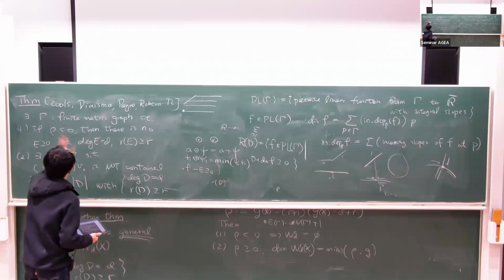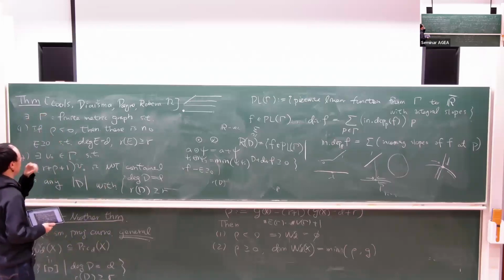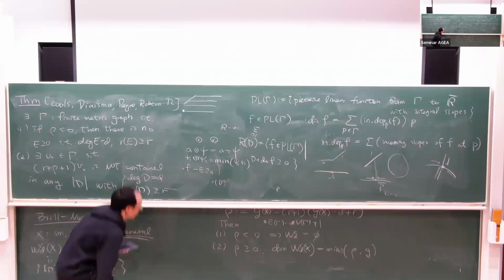So we can think of this theory as the tropical version of Brill-Noether theory.